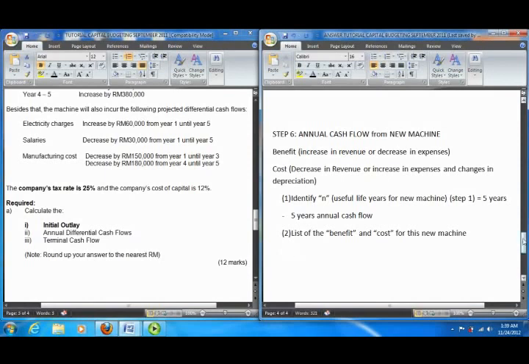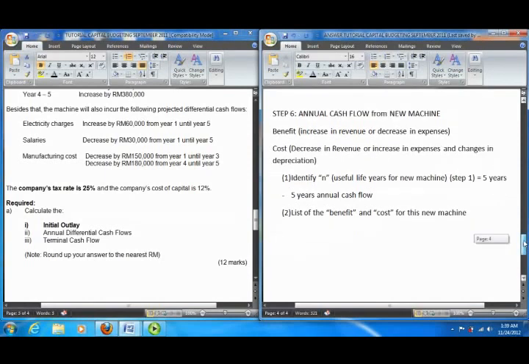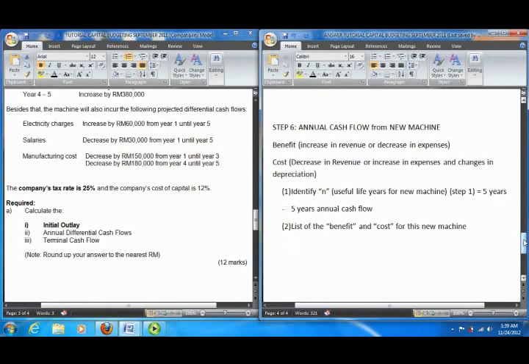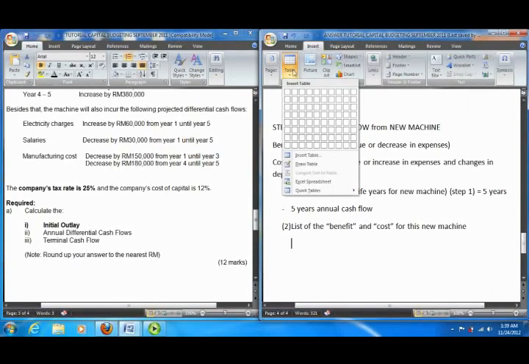So, alright class, when you want to list the benefit and the cost for this new machine, you must do a table. So how many columns for this table based on the years? As you can see class, 5 years, correct?